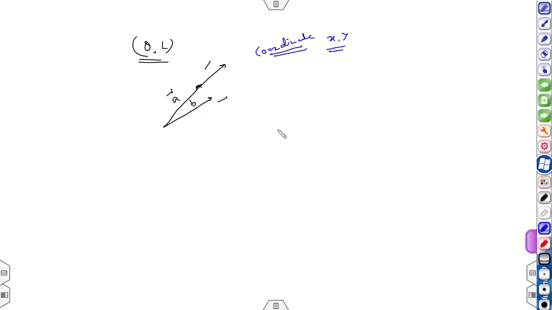If I write these two vectors separately, this is vector A and this is vector B, in two separate spaces. This is the x component of vector A and this is its y component. Similarly, this is the x component of vector B and this is its y component.